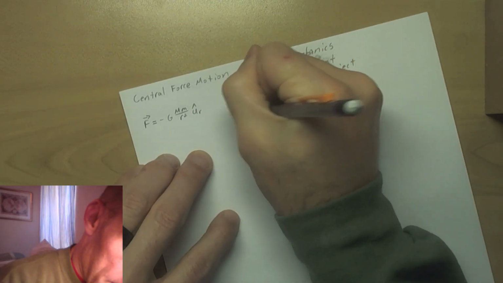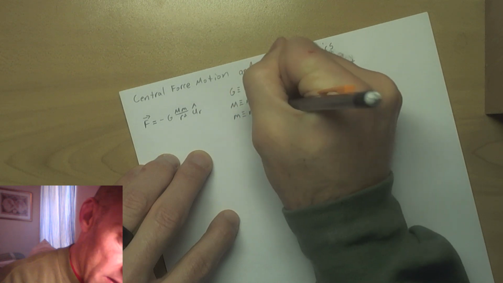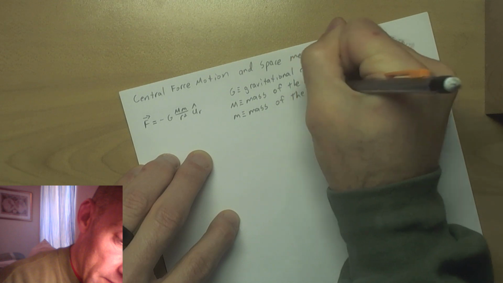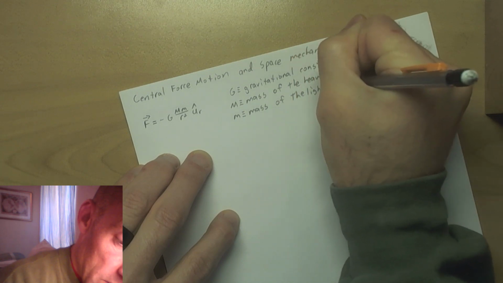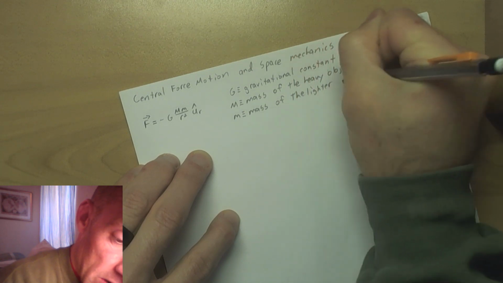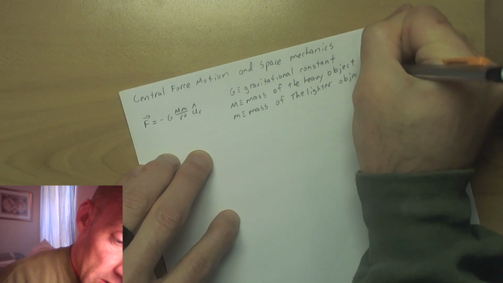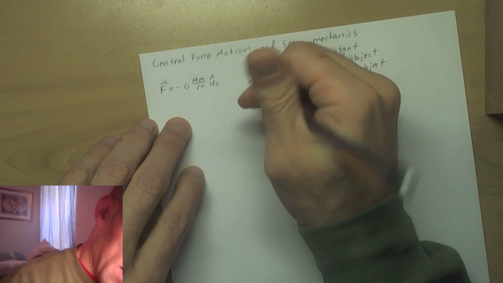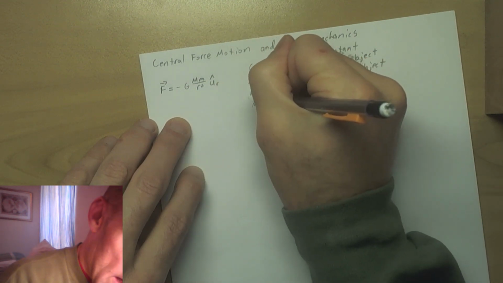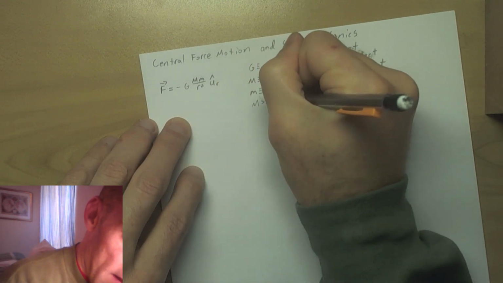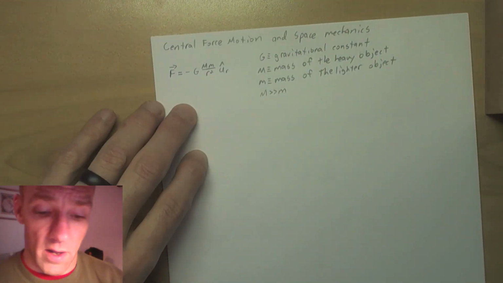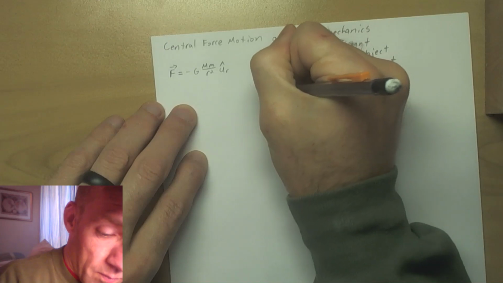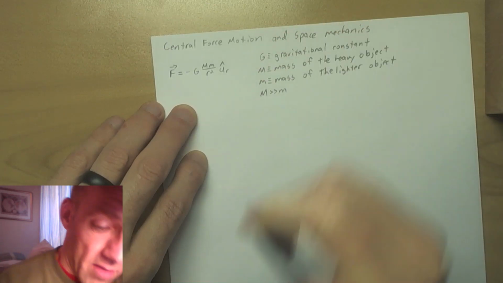Small m is the mass of the lighter object, and the condition here is that the heavy object is much more massive than the light object, and I'll show you why that's important at the end.